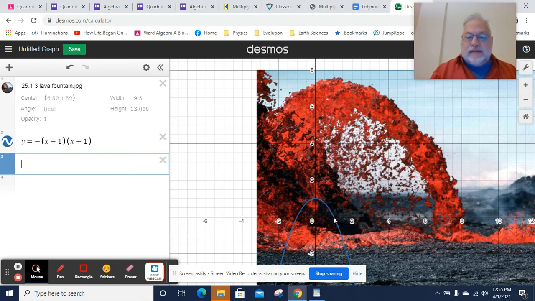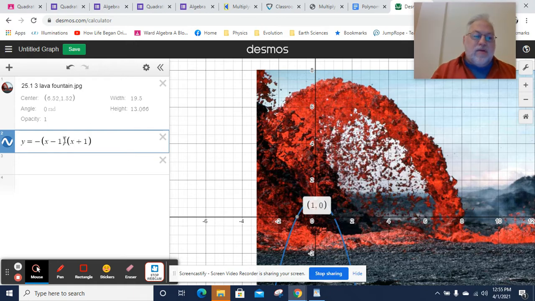Since that's my x-intercept currently, but I really want an x-intercept over here near 8, I'm going to make that one x minus 8. If x was 8, I want this to equal 0, so it's going to be x minus 8 because 8 minus 8 would be 0. So that's cool. I got my x-intercept in the right position.